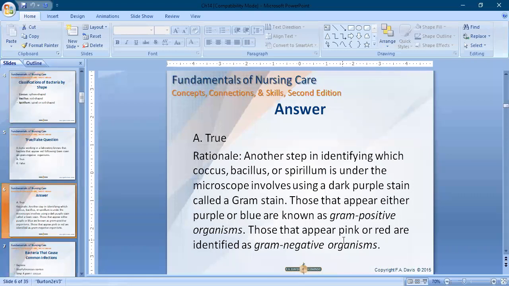Those that appear pink or red are gram-negative. So according to their color and their ability to take the stain, we categorize them. If they are dark purple or blue, gram-positive. If they are pink or red, gram-negative.